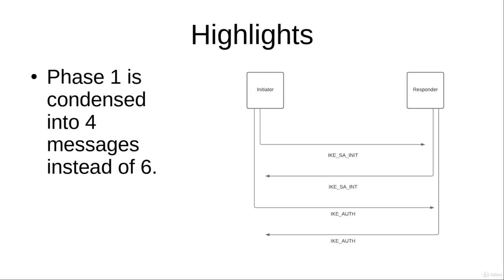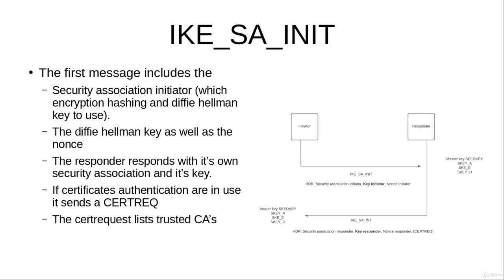Now, IKE version 2 preempts the process by generating a Diffie-Hellman key from the get-go. This gets sent to the responder. There is a likely possibility that the responder doesn't support the Diffie-Hellman key. In that case, the responder will send a notify message indicating the Diffie-Hellman key is invalid.